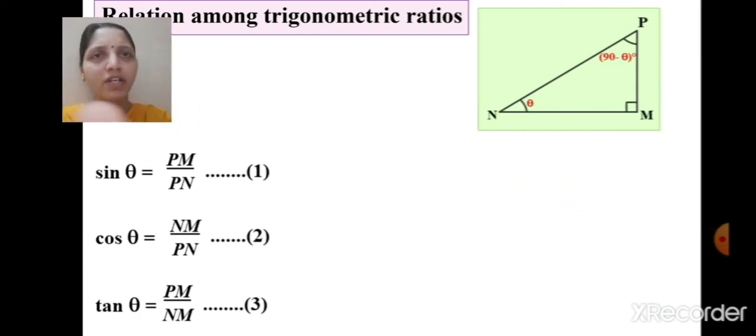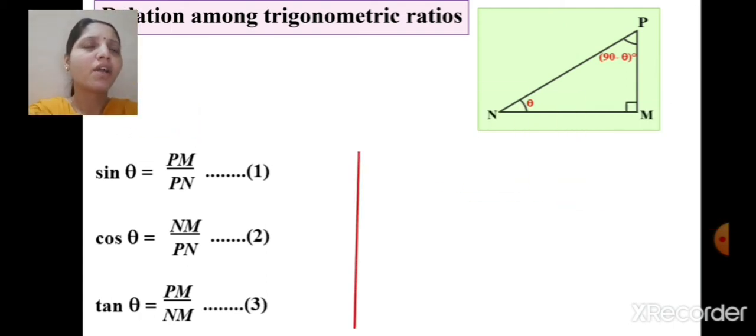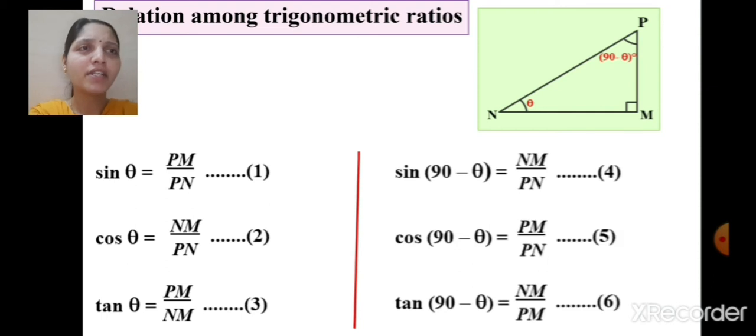What is sin 90 minus theta? For sine ratio, we have to find the opposite side upon hypotenuse. So opposite side of 90 minus theta is side NM. So you will write here NM upon PN. Write this equation as equation 4.